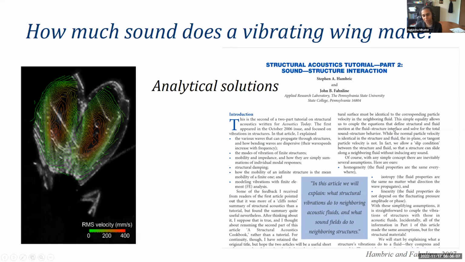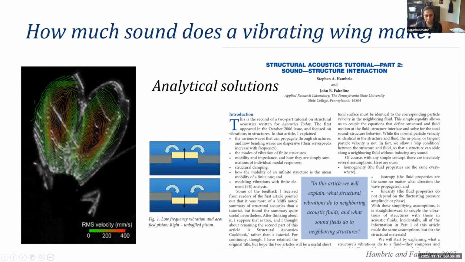But when you look very deeply into what it's using in terms of analytical models to explain how sound is produced, it uses very, very idealized setups of sound and vibration. So you can write a really, really nice, clean equation for how much sound something like a baffled piston makes.